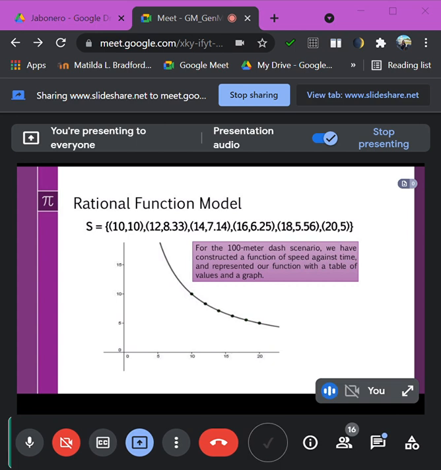Any questions, clarifications, violent reactions? None so far? Okay.